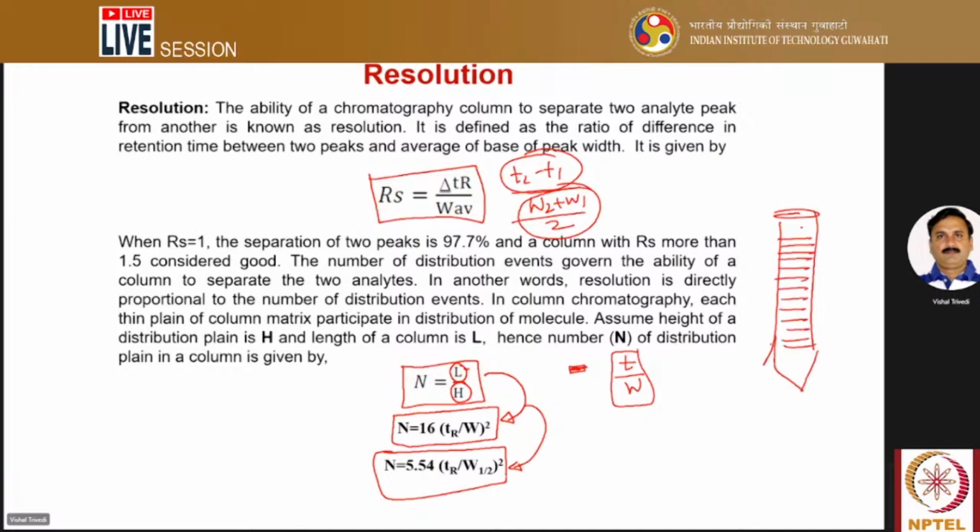If one peak is on distribution plane number one and the other peak is on distribution plane number two, and you integrate this information, you can come back to this formula.